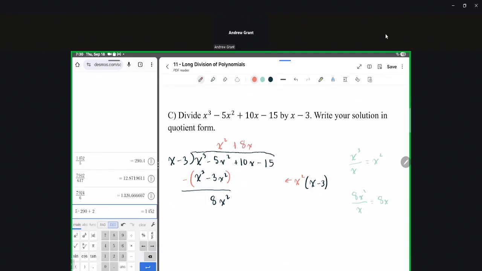And on this line, I'm going to write 8x multiplied by x minus 3. So there, bring down my 10x. So 8x times x is 8x squared. 8x times negative 3 is going to be negative 24x.